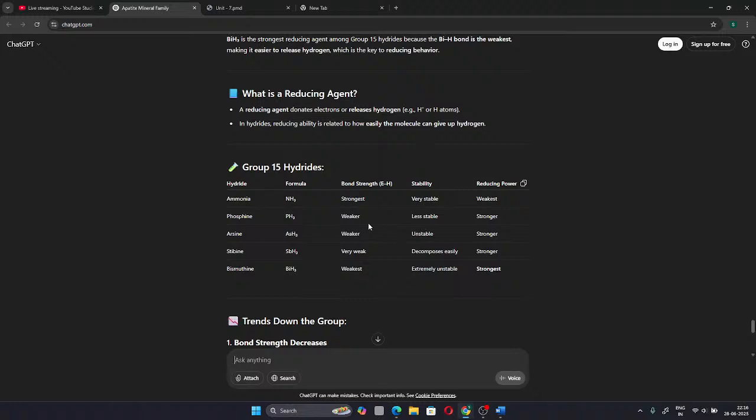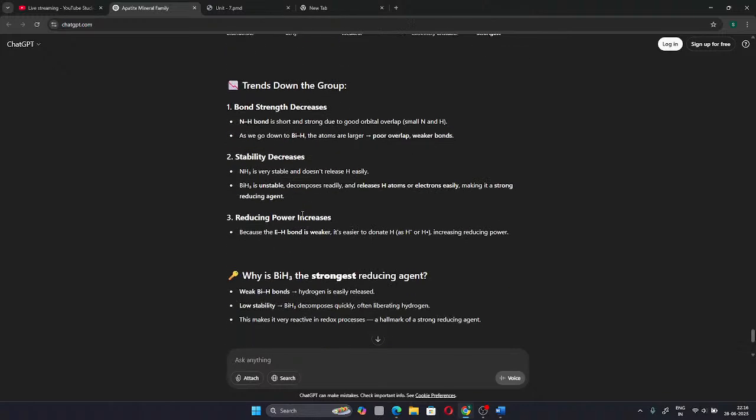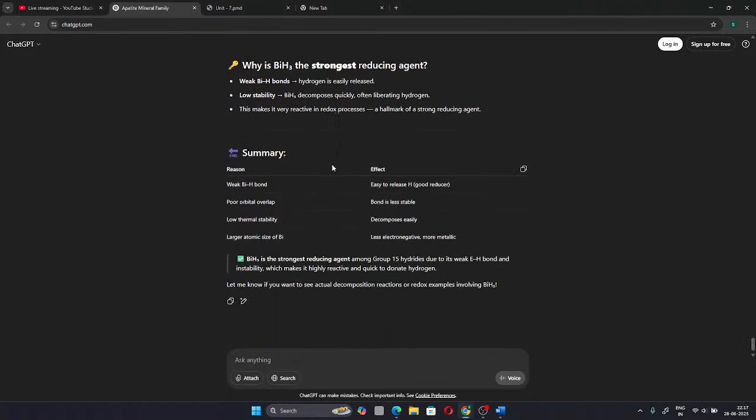PH3 has a weaker bond strength, so it's less stable. Arsenic hydride is unstable. Antimony hydride decomposes easily. And bismuth hydride is extremely unstable. Stability decreases, reducing power increases, because it can easily be oxidized.